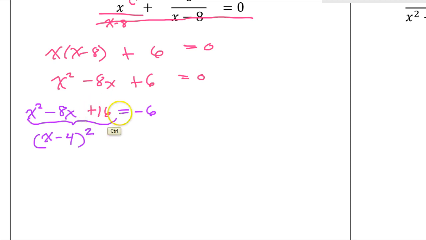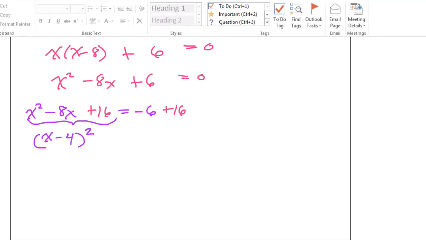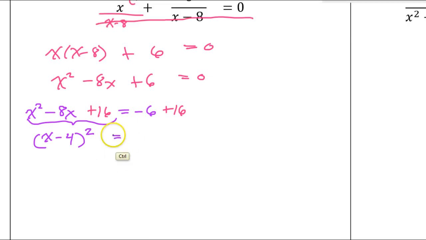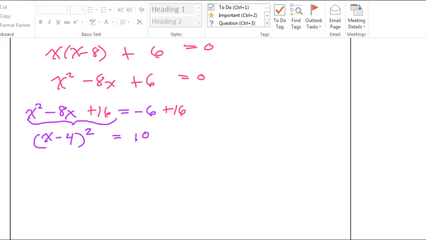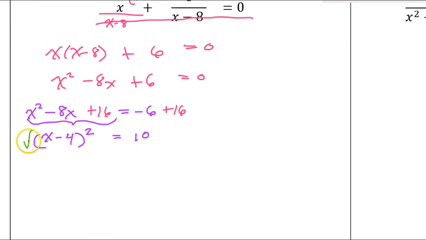I'm adding a brand new 16 on the left. That means I need to add 16 on the right to keep the balance. So that's going to give me 10. Now I can solve this equation really easily by taking the square root of both sides. Don't forget your plus or minus.